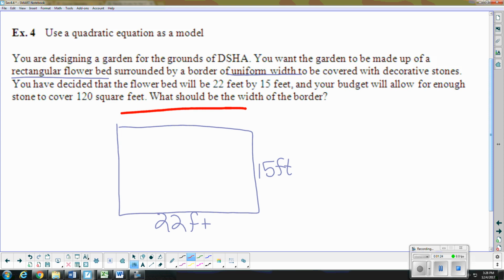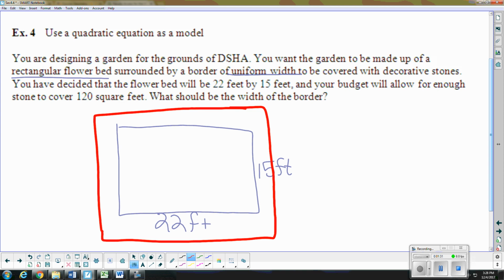So on the outside of my flower bed is going to be my decorative stones. And since it says uniform width, I know that this distance and this distance are going to be the same, so I can call those x.